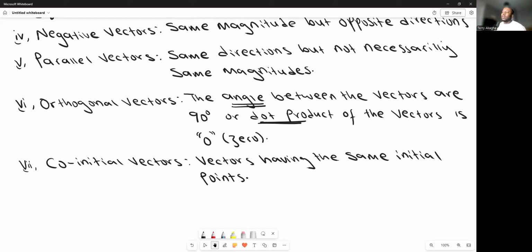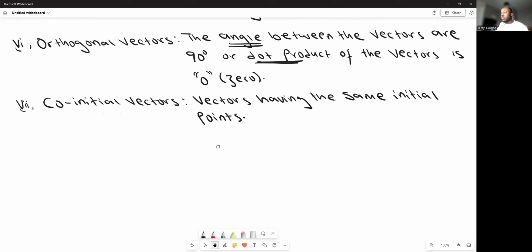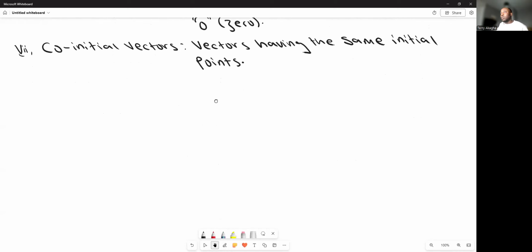Now the next one is going to be called coplanar vectors. That'll be number 8. So number 8 is the coplanar vectors.